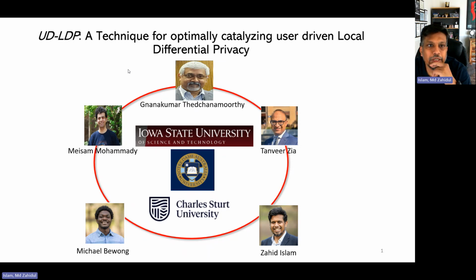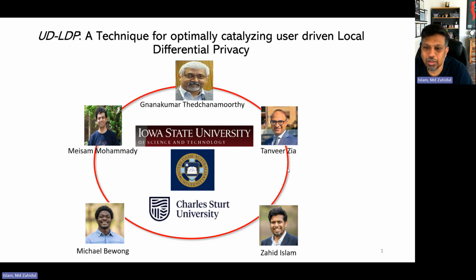The title of the paper is UDLDP, a technique for optimally catalyzing user-driven local differential privacy. And these are the authors you can see. The lead author was our very beloved PhD candidate, Yana Kumar Thed-Channamurthy.